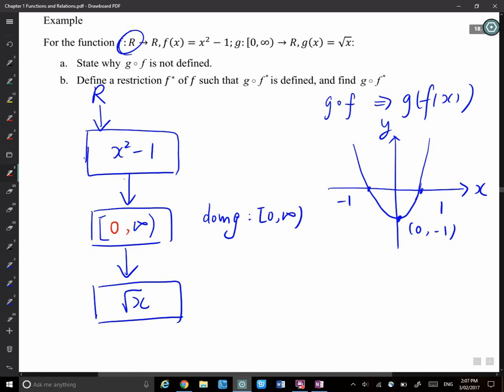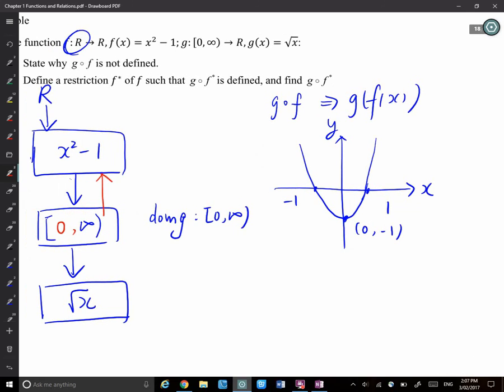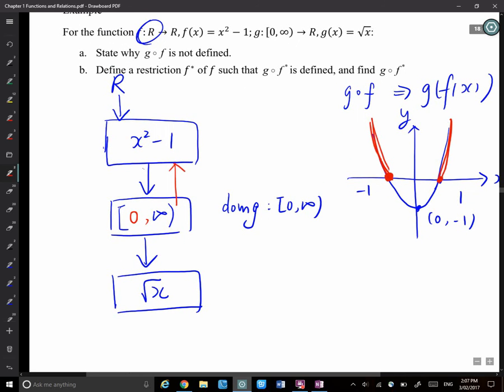From 0 to infinity, I will go backwards. I want x squared minus 1 to produce 0 to infinity for me. So what x value should it be? The y value will be 0 to infinity. Back to this graph. 0 to infinity is here. That is the part with 0 to infinity. The y value is 0 to infinity.